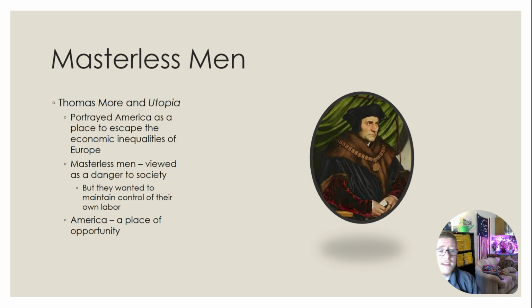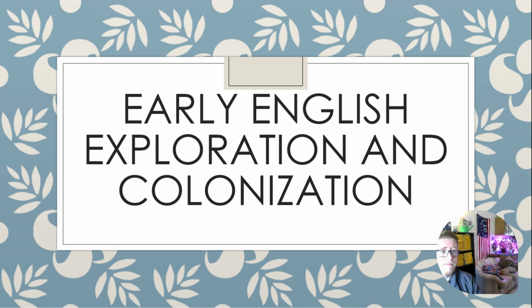And that really appealed to these masterless men who wanted to maintain control of their own labor. So it's also here where America gets that whole place of opportunity concept, tying in the idea that with this, they can maintain that system of not being controlled by somebody else and still have that opportunity to massively expand.